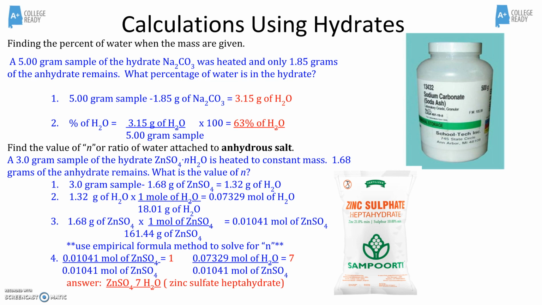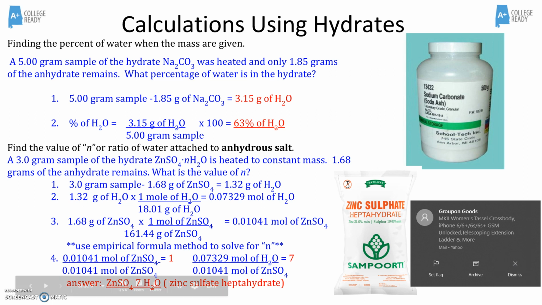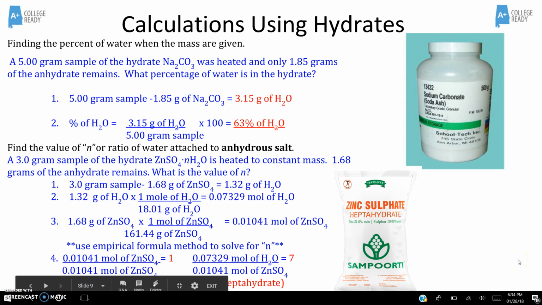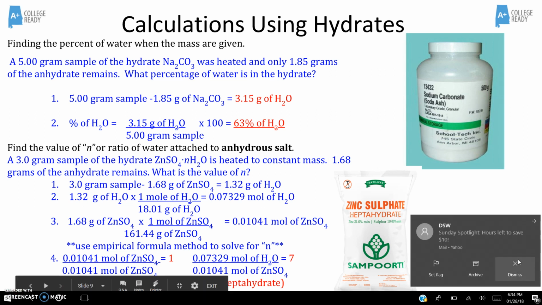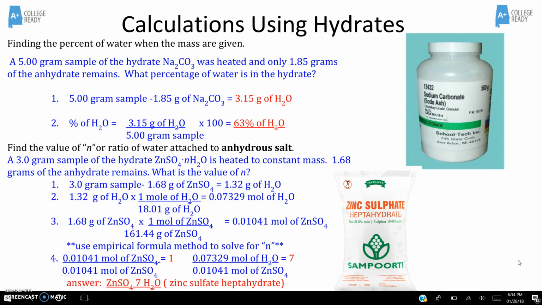Now I have to take my grams of water, divide it by its molar mass to get my moles of water. Then I'll take my grams of the zinc sulfate, divide it by its molar mass of 161.44. Then I got my moles of zinc sulfate.